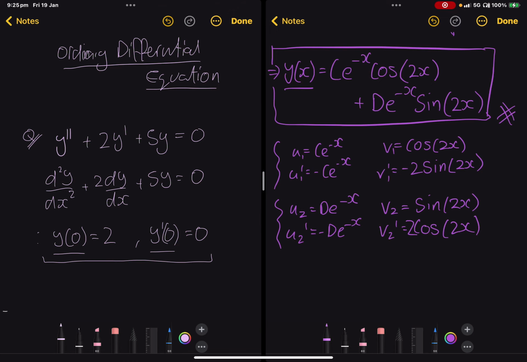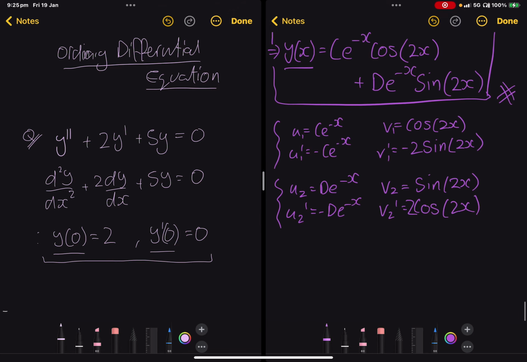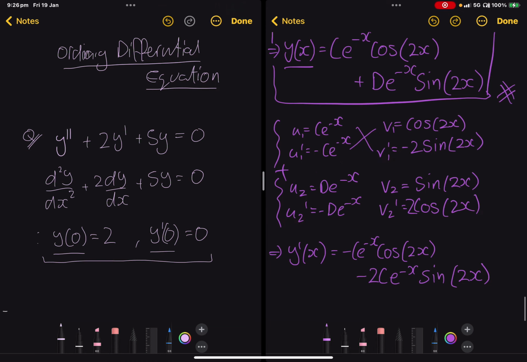And so now we need to do the two product rules, compose them together, add these two product rules together. This will give us the derivative. So this implies y prime of x is equal to u prime v plus u v prime. So that's minus c e to the minus x times cosine 2x plus c e to the minus x times minus 2 sine of 2x. So this is minus 2c e to the minus x times sine of 2x plus the second product rule.